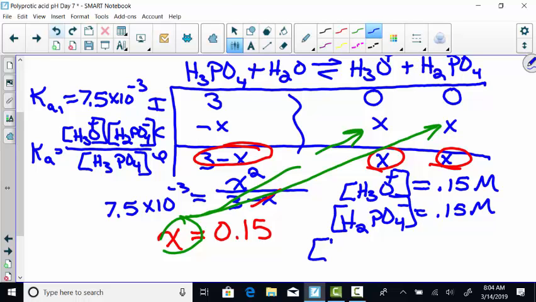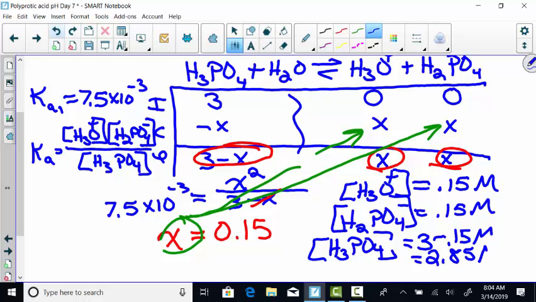And the H3PO4 concentration is going to be 3 minus 0.15 molar. So that's going to be 2.85 molar.